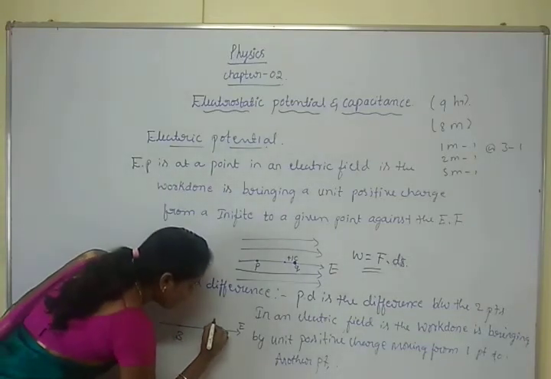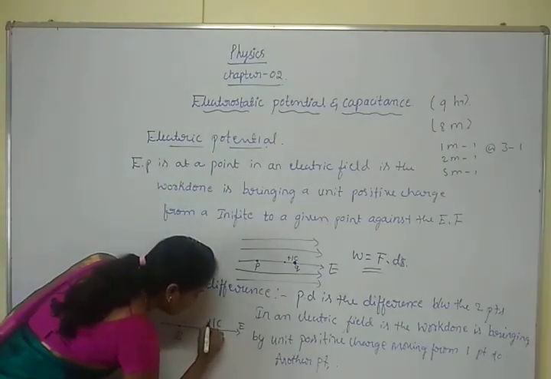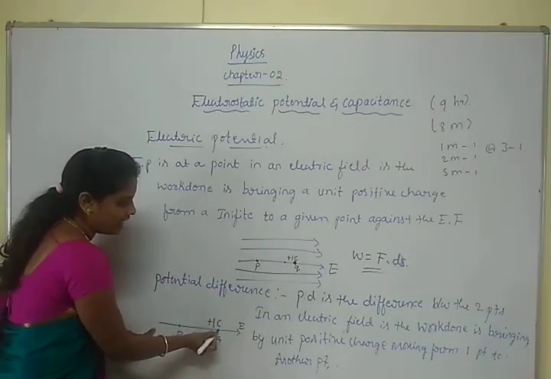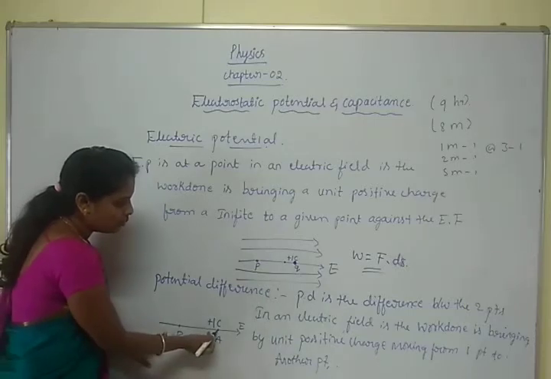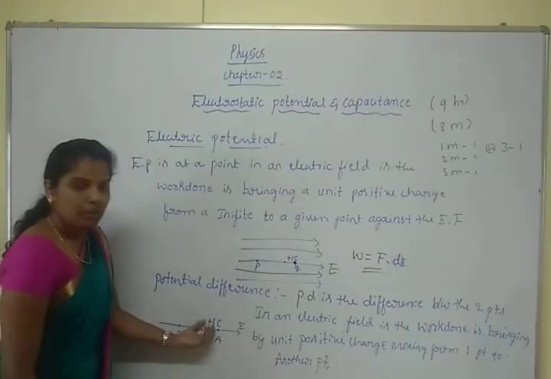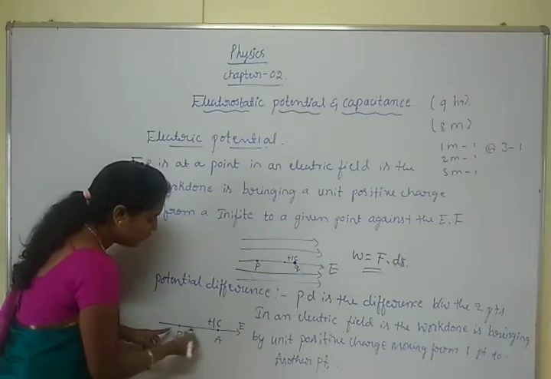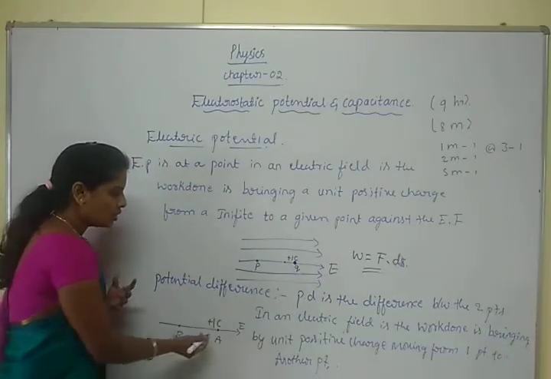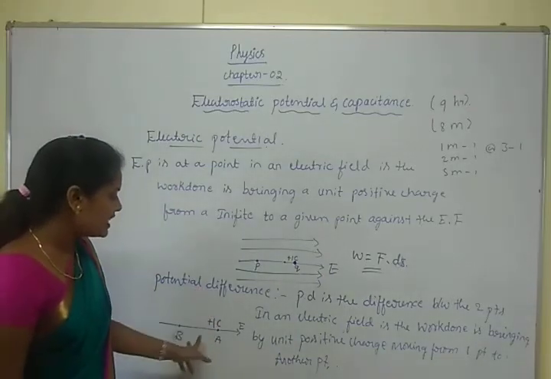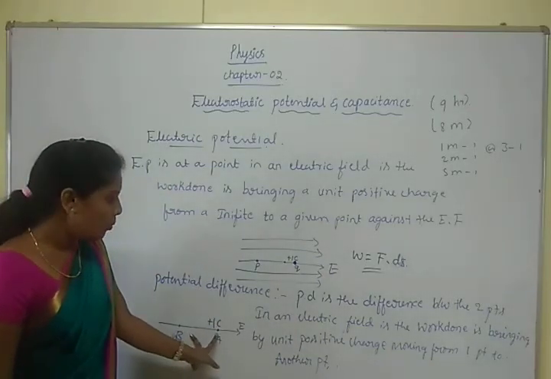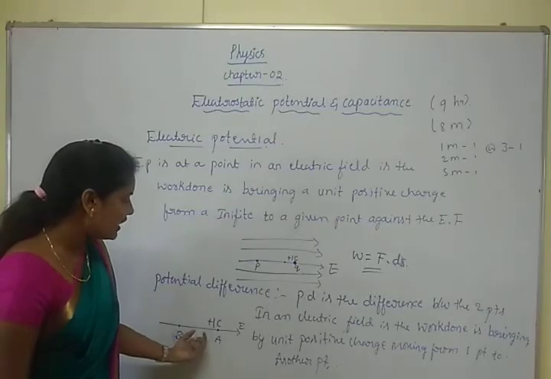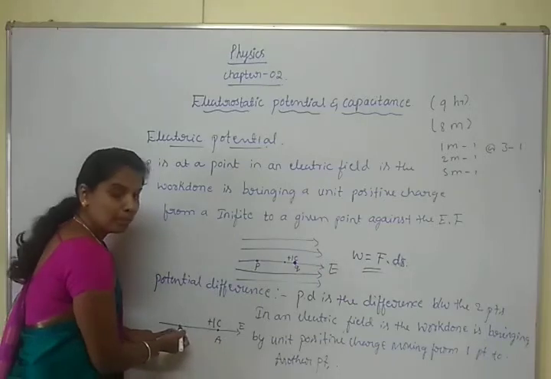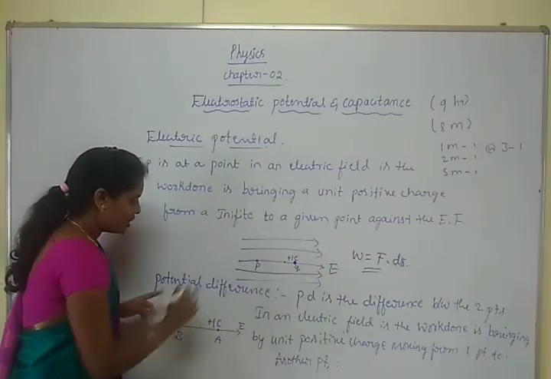I place a unit positive charge, 1 coulomb of positive charge, at point A. The unit positive charge is moved from A to B. Then only we can say potential difference. It is the difference between two points in an electric field, where work is done by moving a unit positive charge from A to B. This is called potential difference.